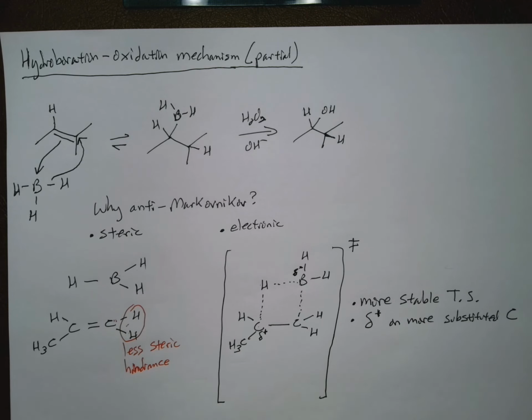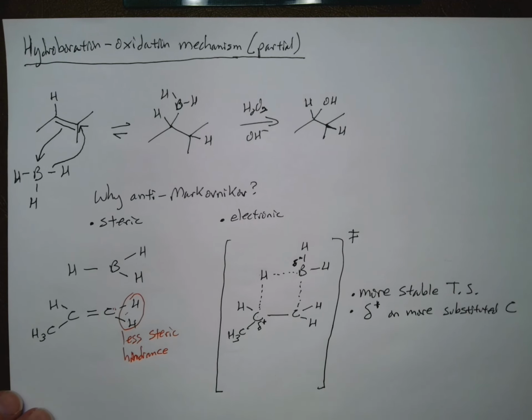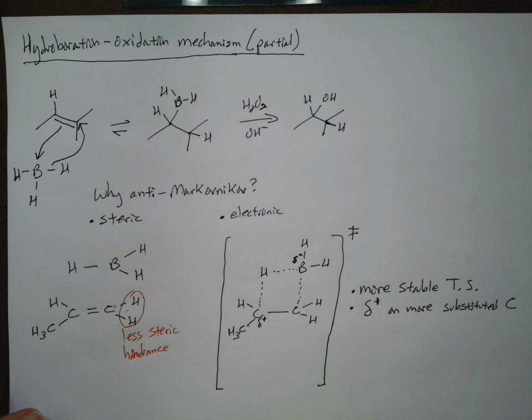And this goes back to what I mentioned as the extended Markovnikov rule, which is that in the electrophilic addition of something to an alkene, things add in such a way that you make the most stable intermediate or transition state.